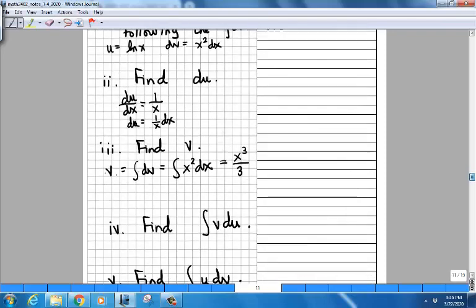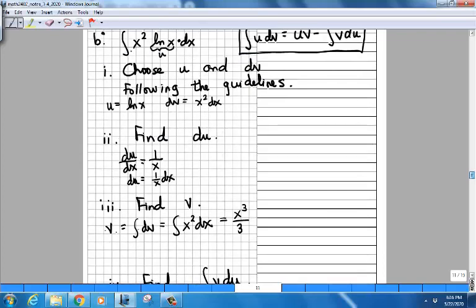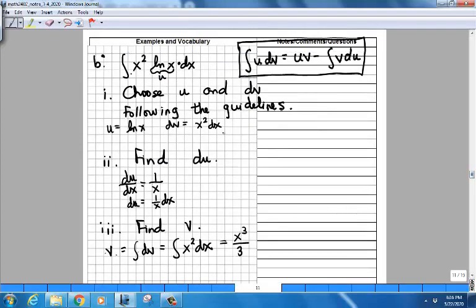So actually, let's go ahead and use now our, I'm going to skip some of these steps that I had listed here. Now that we know what v is and now that we know what du is, let's go ahead and apply our integration by parts formula just immediately here, right? So we know that the antiderivative of x squared, natural log of x dx, right? That is u times dv, right?